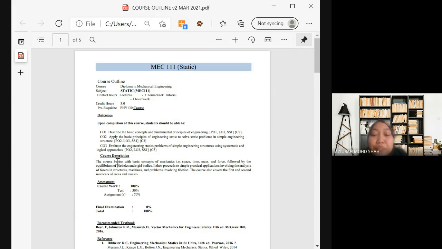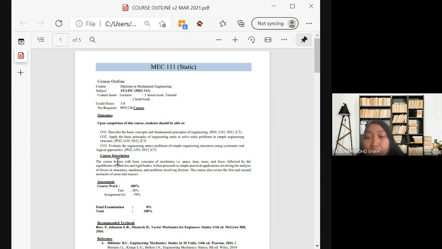Right. For the course description, basically you will learn the basic concepts of mechanics: space, time, mass, force, followed by the equilibrium of particles and rigid bodies. So actually equilibrium of particles you have learned in physics, dah ada sikit-sikit, so taklah sesusah mana. Okay, and then you will learn the practical application involving the analysis of forces in structures, machines, and problems involving friction.